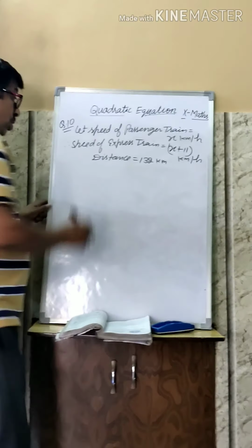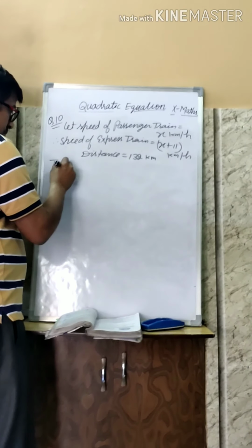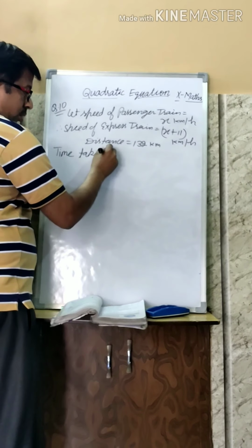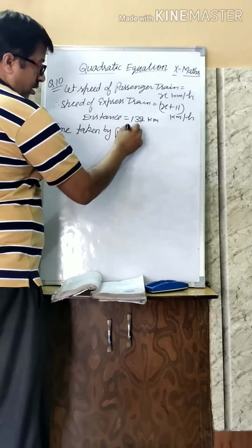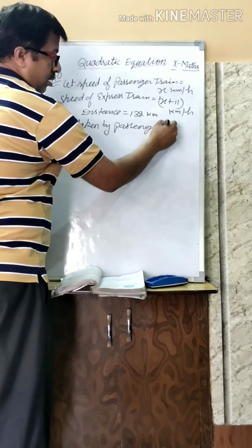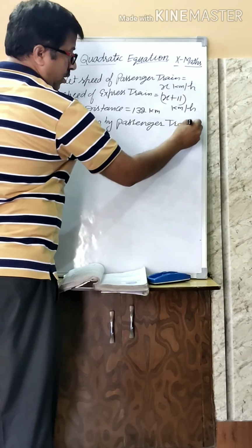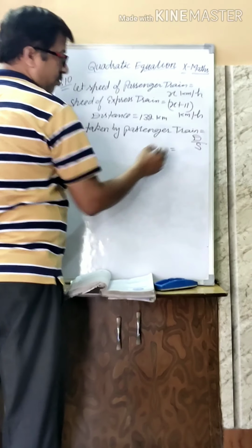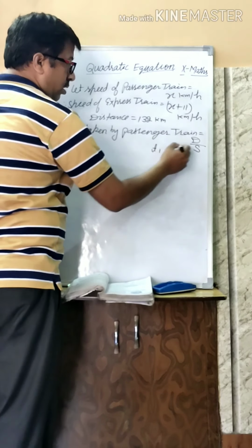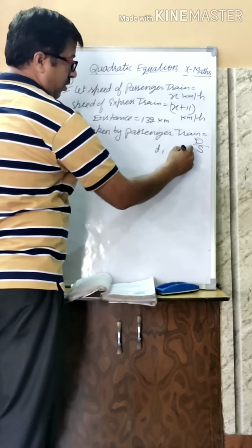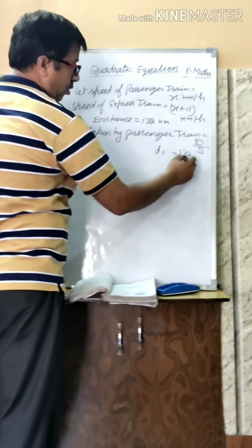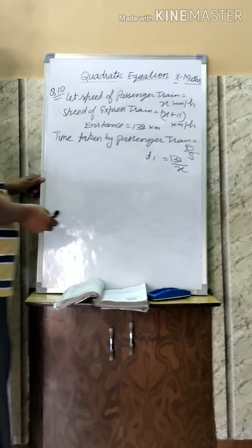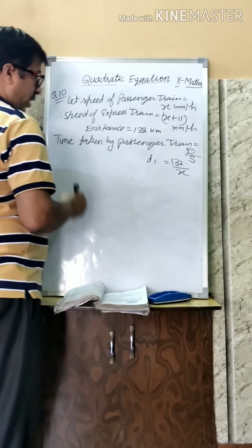Understand? So now, what do you say? Time taken by the passenger train: that is the time formula, distance upon speed, or you can say that is t1, distance is 132 upon speed x.